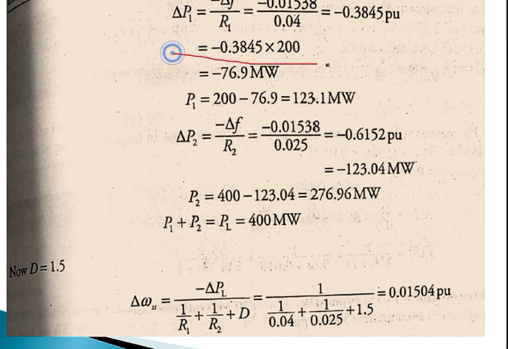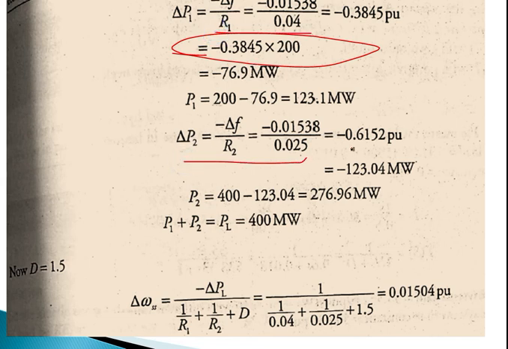Once you get the values, convert this per unit to base value. To convert per unit to base value, multiply by the given base values, that is 200 megawatt for unit 1 and 400 megawatt for unit 2. Similarly delta P2, multiplied with 400.